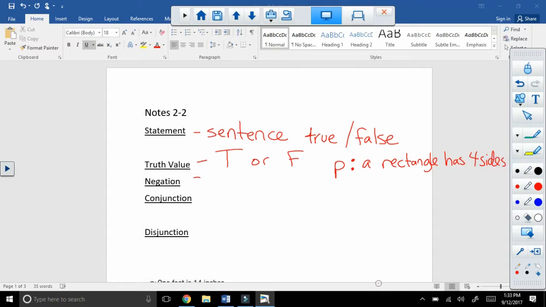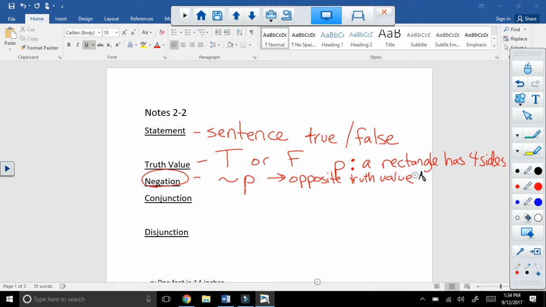What I could do then is the negation of P. The way that that would look is you would probably see a little squiggle mark with a P. When you negate something, you give it the opposite truth value. So I'll just write opposite truth value. For this statement P, the negation would say that a rectangle does not have 4 sides.